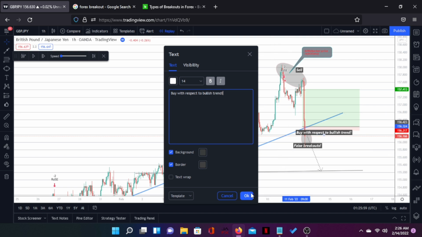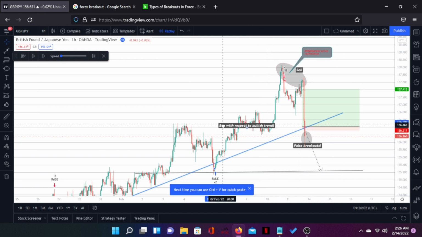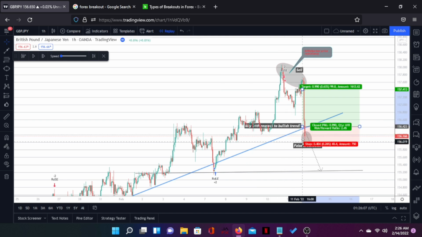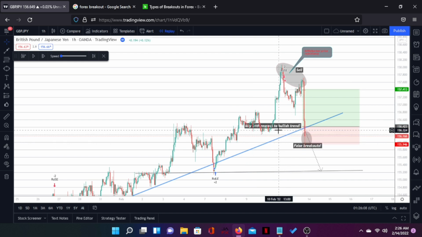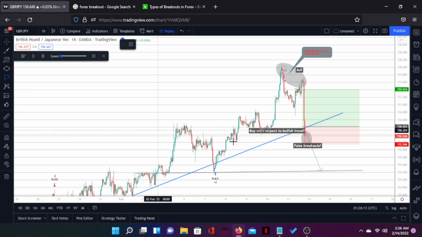That is how price action works. So a lot of people will place a sell when it gets to the bottom of the bullish trend. You wait for a breakout. If there is none, you take a buy to respect the trend line, right? But if there is a breakout, you take a sell down to support.